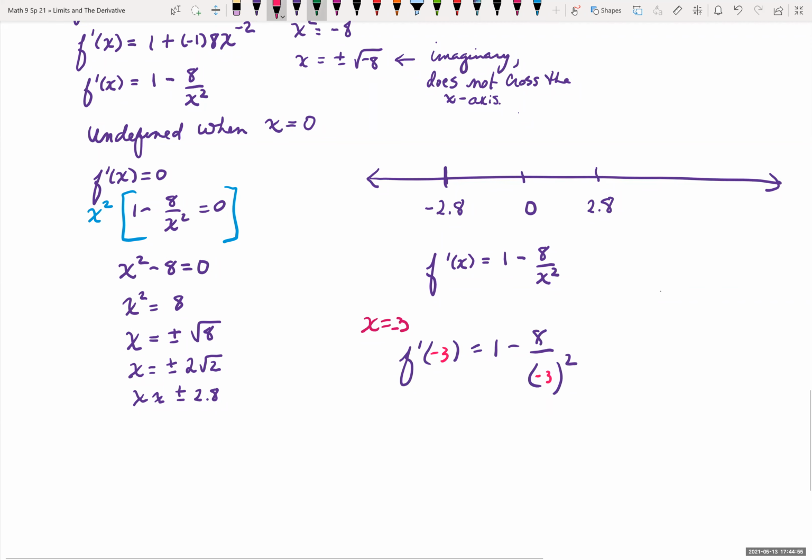Remember, we really only cared if this was positive or negative. This is 1 minus 8 over -3 quantity squared, which is positive 9. 8/9, that's smaller than 1. And so this is going to be equal to really 1/9, which is greater than 0. And so that tells me on the left of -2.8 or -2 root 2 that our function is increasing.